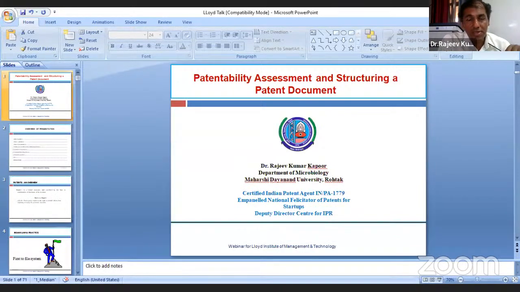students of pharmacy. So I was listening to Dr. Amrish also. He very comprehensively described the complete process, and I should say that he is very thorough. Previously, I used to think that I'm the only professor who is also a patent agent, but I met another person today. Amrish is also there, who is also a patent attorney and is a national facilitator for the startups also.